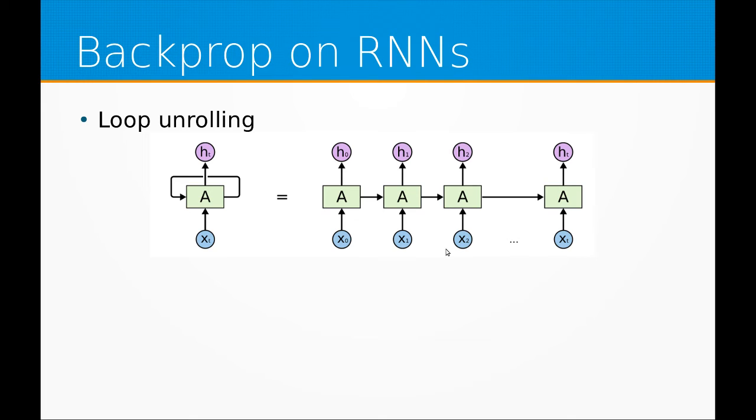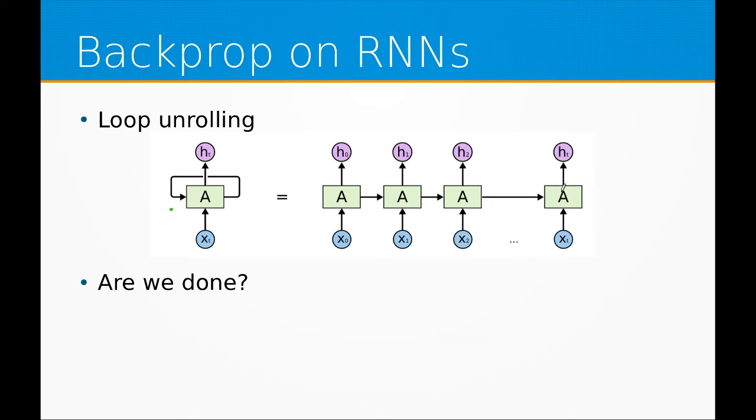So this can be represented as t equals 1, this is t2, t3, and so forth. And backpropagation over here would basically be running as backpropagation over time. It's the same layer, but when you unroll it, it's at different time steps. Okay, so that's one simple example of BPTT.